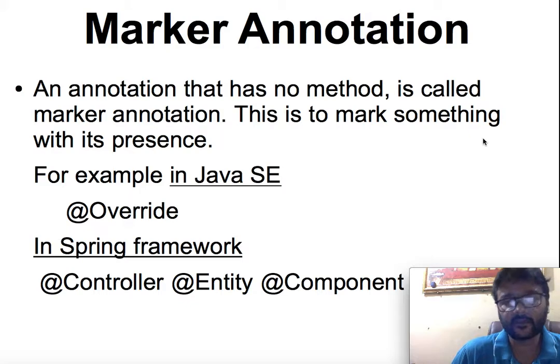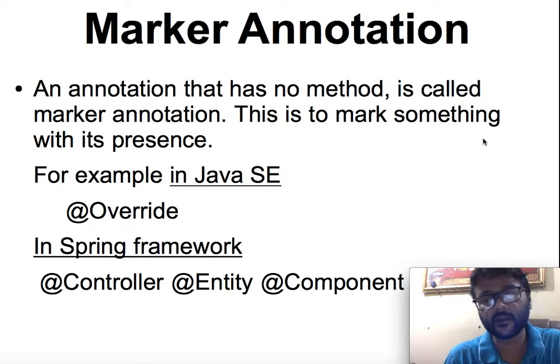Like that, if you are familiar with the Spring framework, then we use various marker annotations there, like Controller, Entity, Component. We can find a lot of different annotations while using the Spring framework. So how can we create a marker annotation? We will have a look at a piece of code.